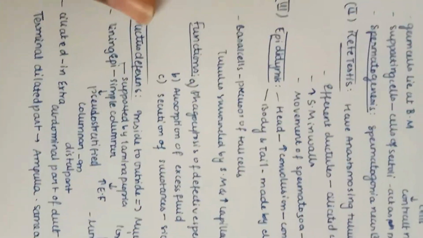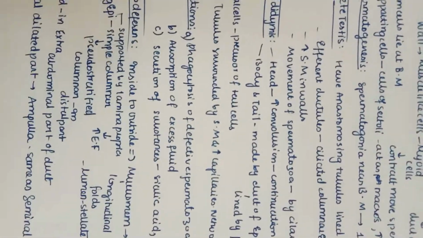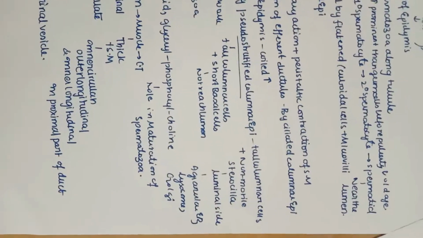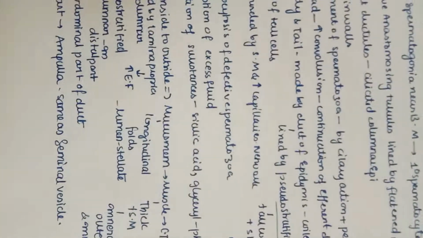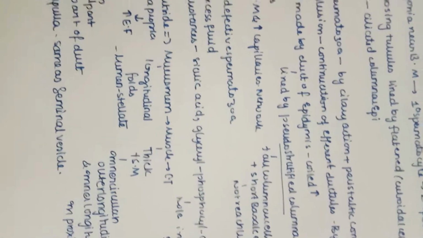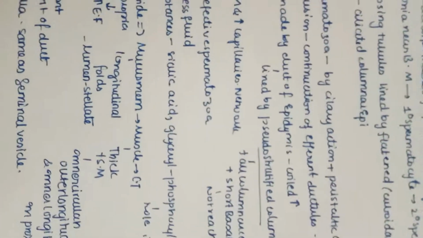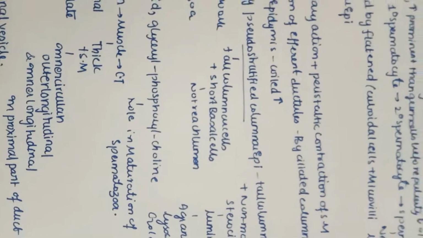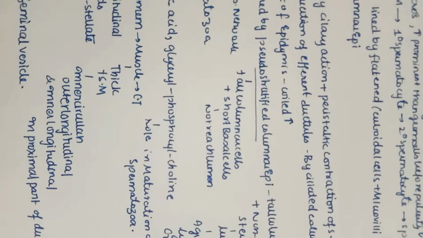So let us check out the details of the epididymis. It has mainly head, body and tail. The head has more convolutions, and it is a continuation of the efferent ductules, which are lined by ciliated columnar epithelium. Next, the body and tail are made by the duct of the epididymis, which is coiled with many coils. The duct is mainly lined by pseudostratified columnar epithelium having both tall columnar cells and short basal cells.